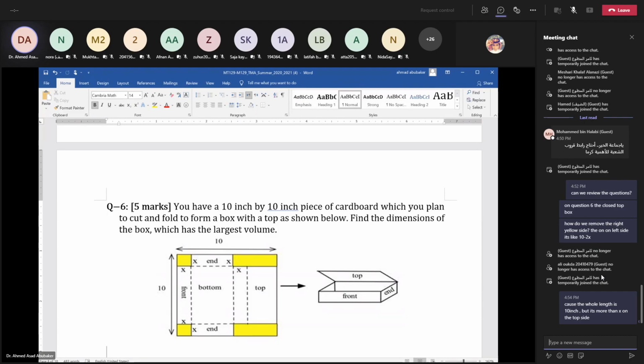After determining x, you can determine the width, height and length. Multiplying these 3 values together gives the equation of the volume. After that we need to maximize this volume by finding the stationary points and determining which one is the maximum and which is the minimum.